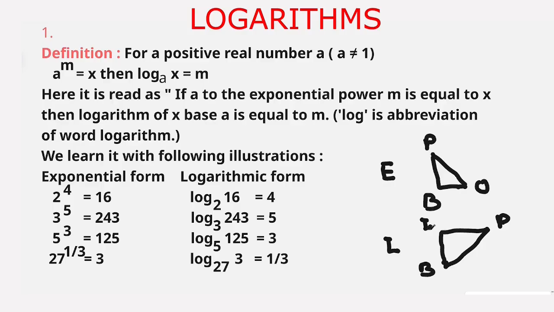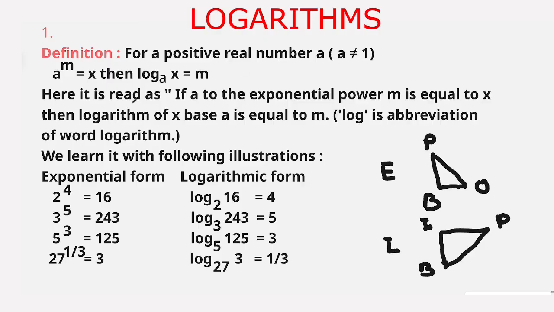In second triangle, logarithm of 16 base 2 equal to power 4. Logarithm of 243 base 3 equal to power 5. I hope you have understood this definition of logarithm.